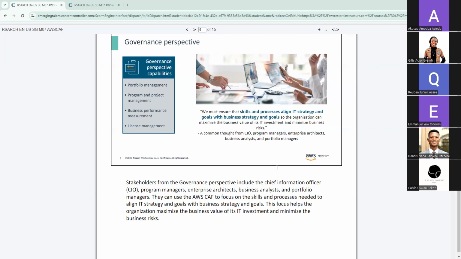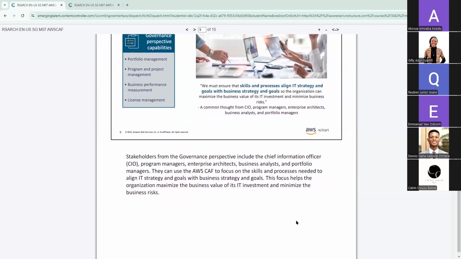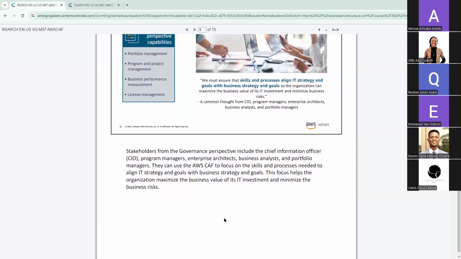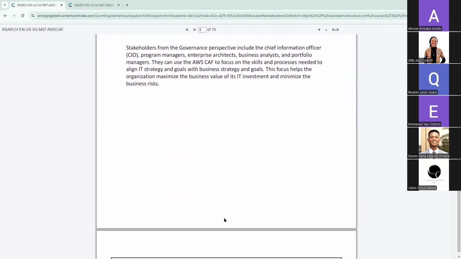So the skills and processes inside this IT strategy has to align with the governance goals of the organization. Yeah, so you can use CAF to focus and align with the strategy and goals of the business, thereby maximizing business value.